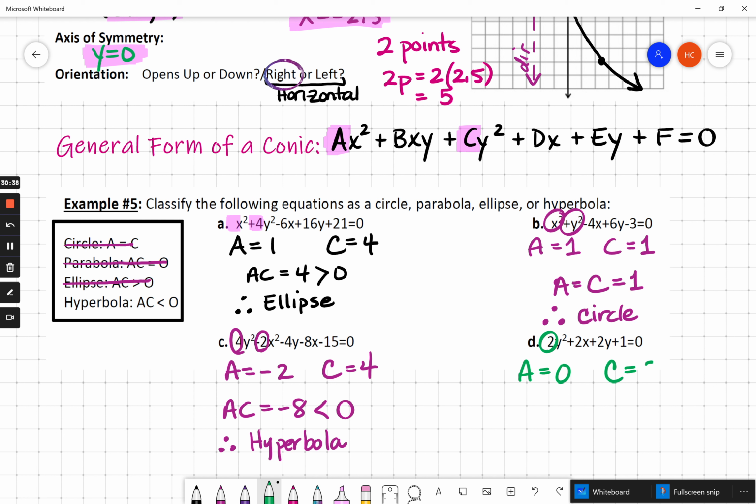That's a 2. And we notice right off the bat of our answer choices, they're not equal to each other, but we do notice that if we were to multiply A times C, that would be 0 times 2, which gives me a 0. Therefore, my answer for classification is parabola.